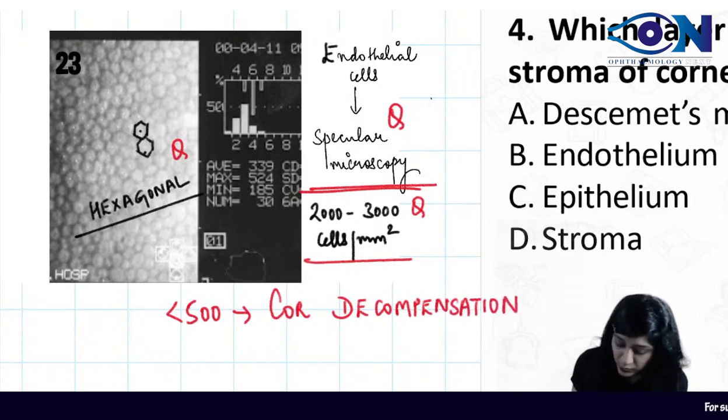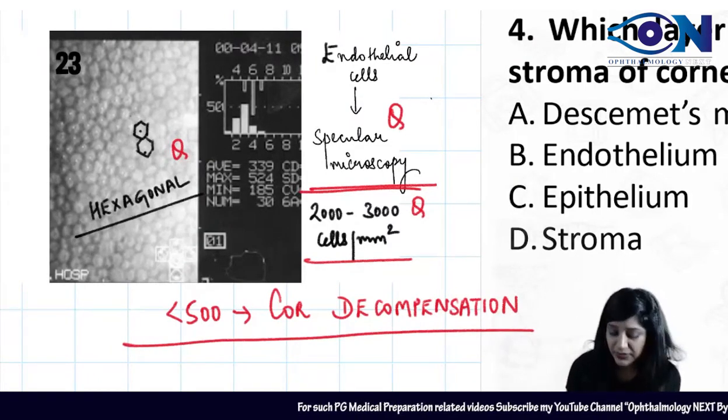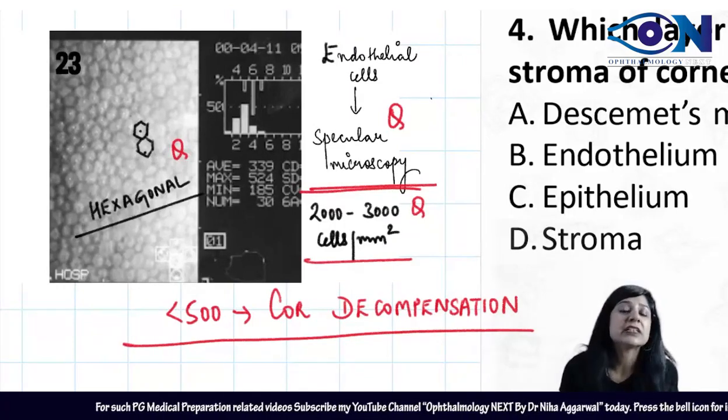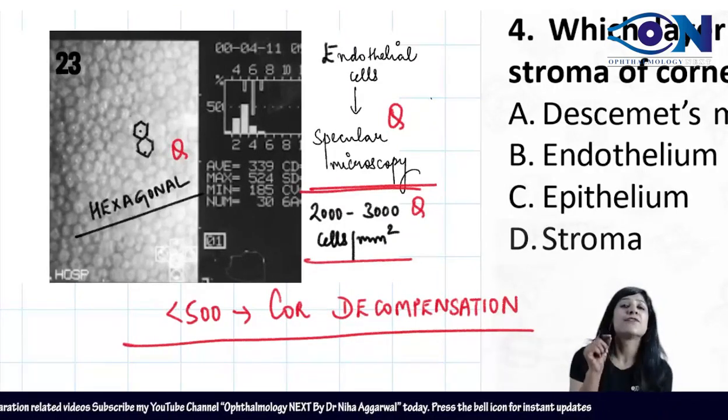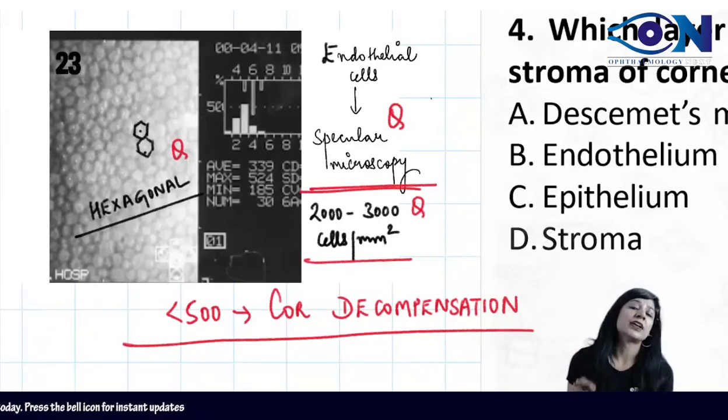It is very, very important. So whenever we have less number of cells, less than 500, there will be corneal decompensation. So it is very, very important to do this test before your corneal transplantation.